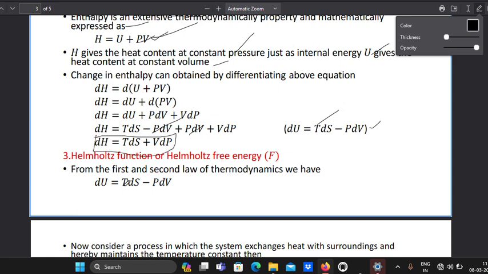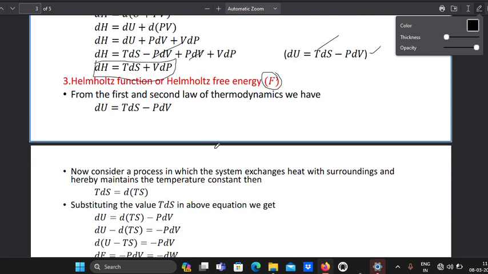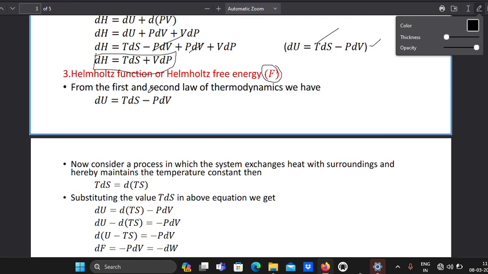Okay friends, next, the Helmholtz function or Helmholtz free energy, denoted by F. From the first and second laws of thermodynamics, which I told you just now, dU = TdS minus PdV.